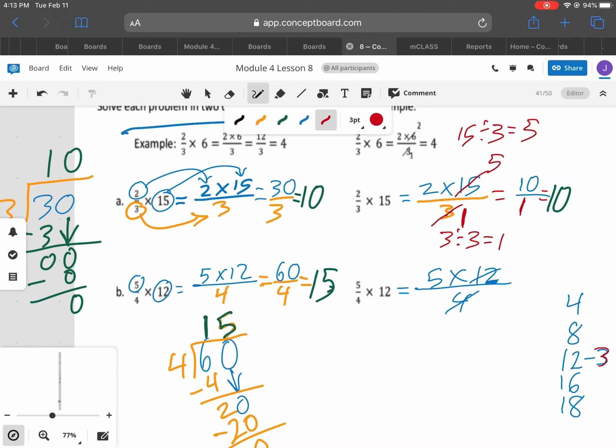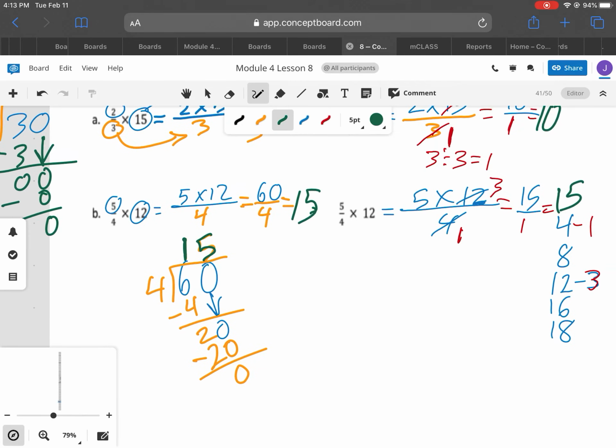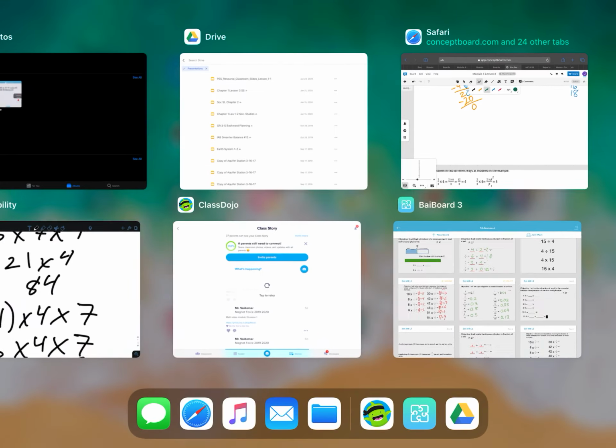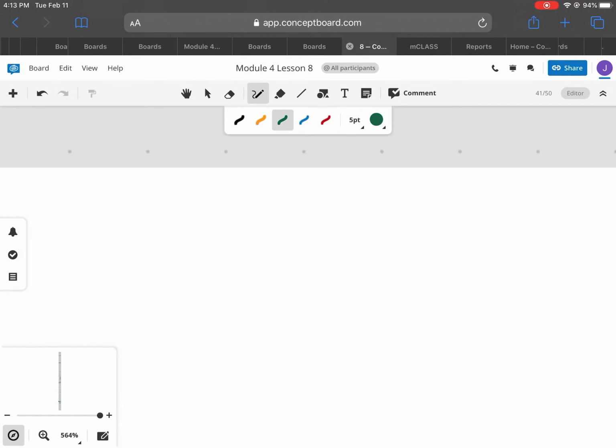It's the third one. So it's 3. And the 4 is the first one, so it's a 1. Now I multiply across. 5 times 3 is 15 ones, which is equal to 15. All right. So those are two different ways of doing it.